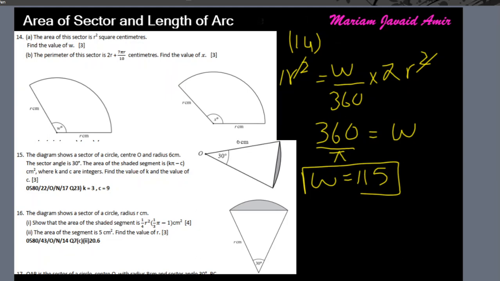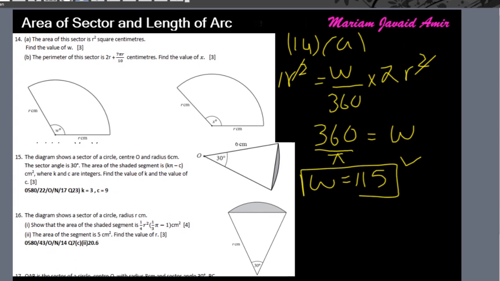So anyway, the answer for 14A is 115 when rounded off to 3 significant figures, although angles should be rounded off to 1 decimal place. So the answer should be 114.6.